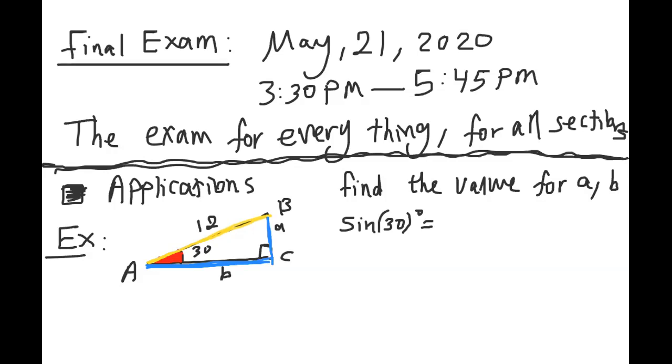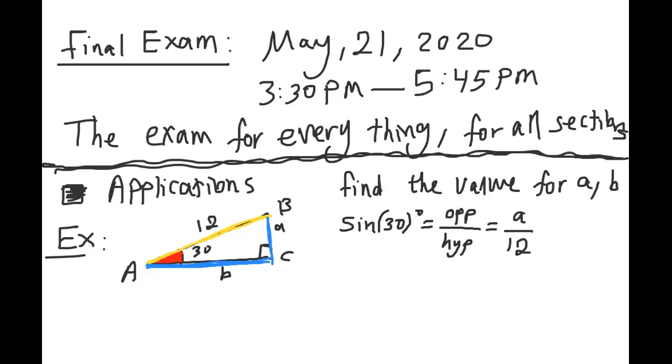It's the opposite over the hypotenuse. What is the opposite for the angle theta? The opposite is A. So they give me A over 12.